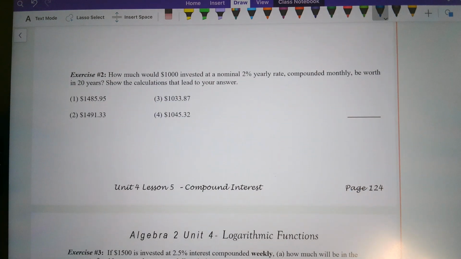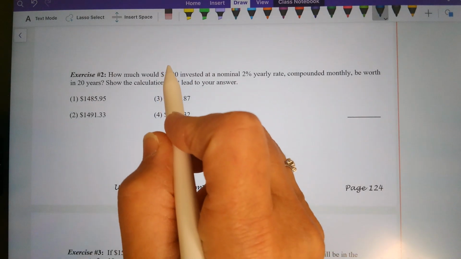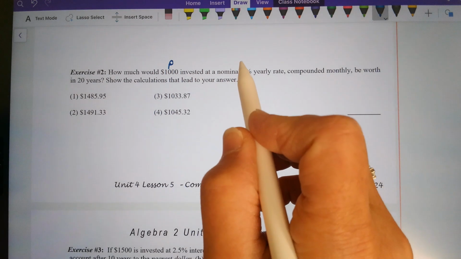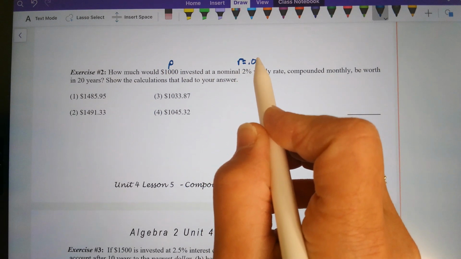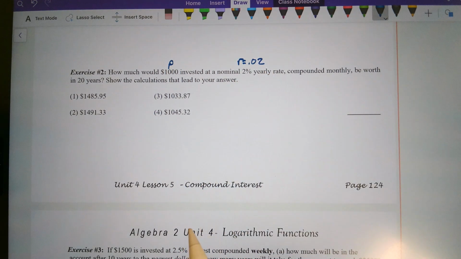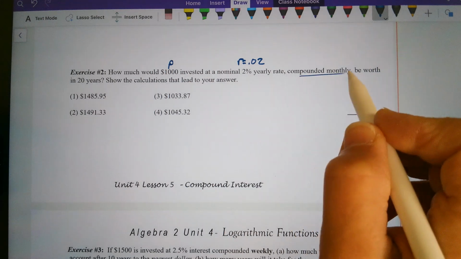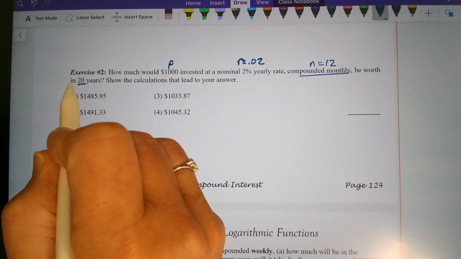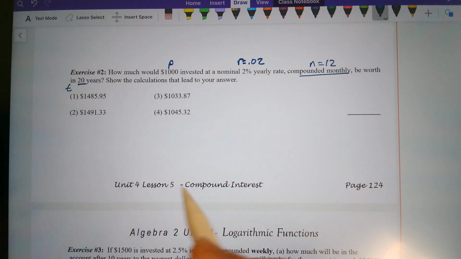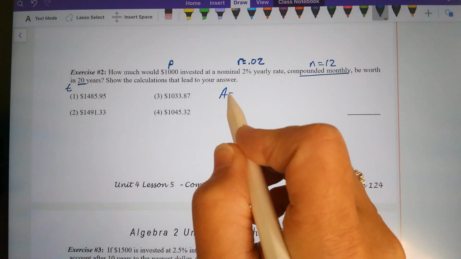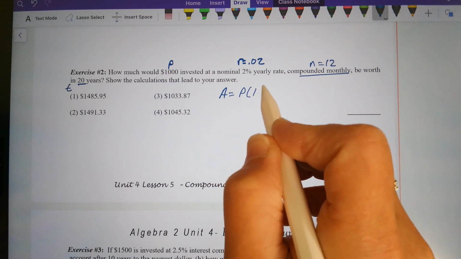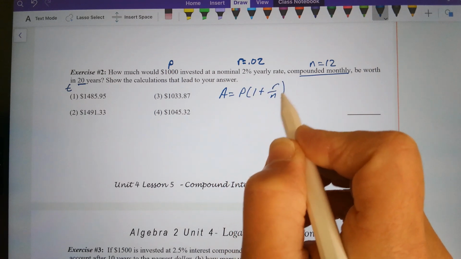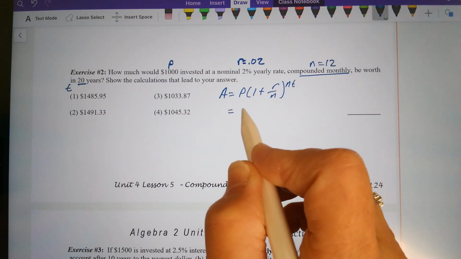Exercise 2, how much would $1,000 invested at a nominal 2% yearly rate, so P is 1,000, R is 0.02, compounded monthly, N equals 12, be worth in 20 years, T is 20. A equals P times 1 plus R divided by N raised to the NT.